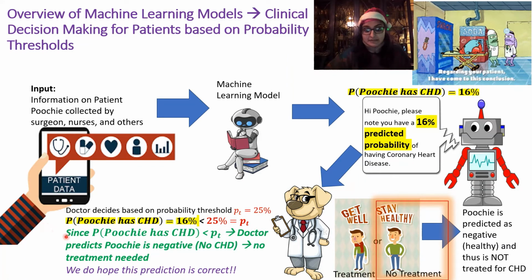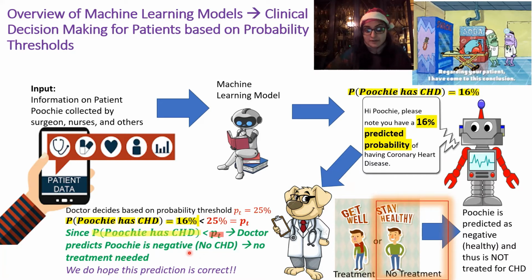Then the doctor says that since your predicted probability of coronary heart disease is less than my probability threshold of 25%, since you have less than a 25% chance of coronary heart disease, I'm going to predict that you are negative, that you do not have CHD.